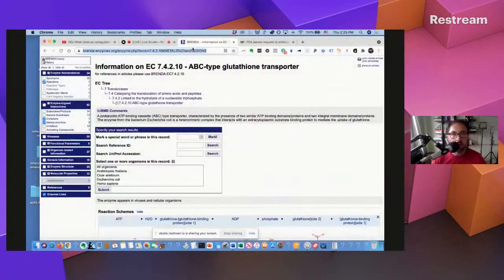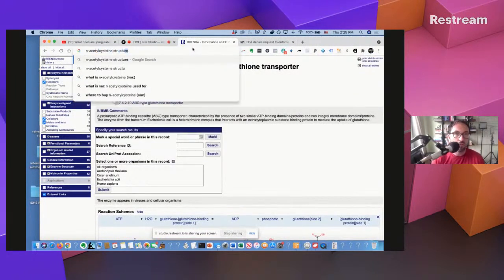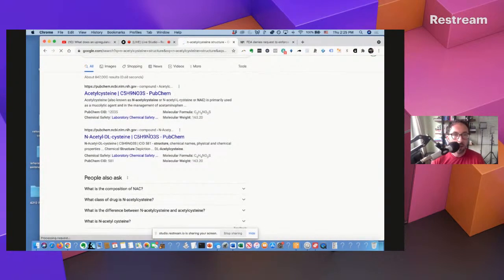A.L. Aaron says, why is NAC less toxic than L-cysteine? Well, let me share my screen and let's look at an acetylcysteine structure. Let's go to images.